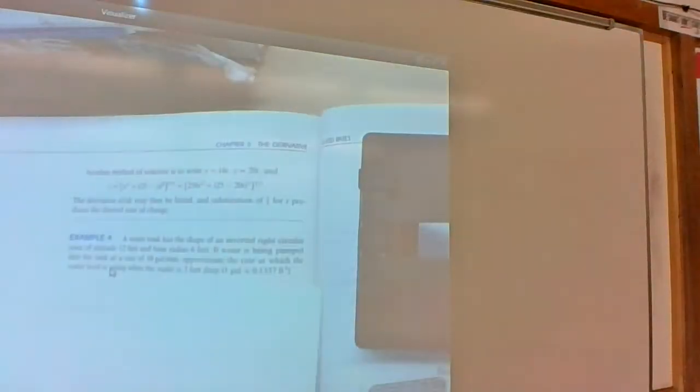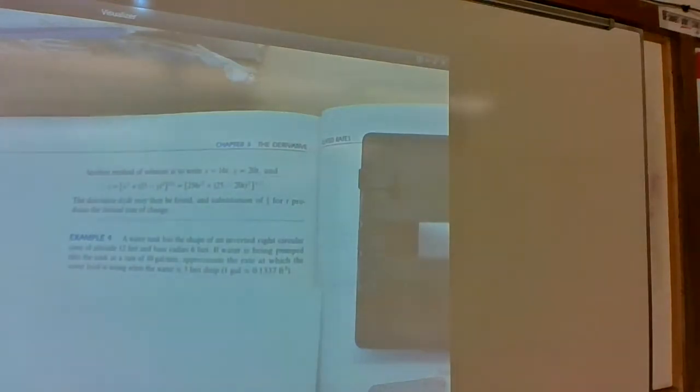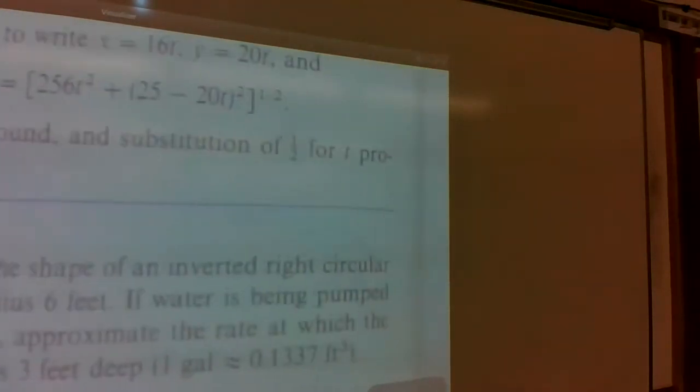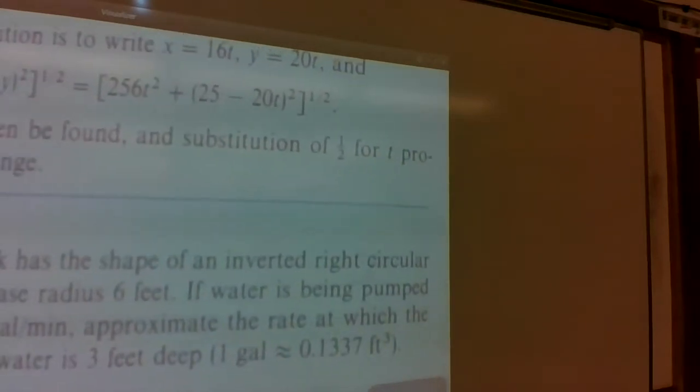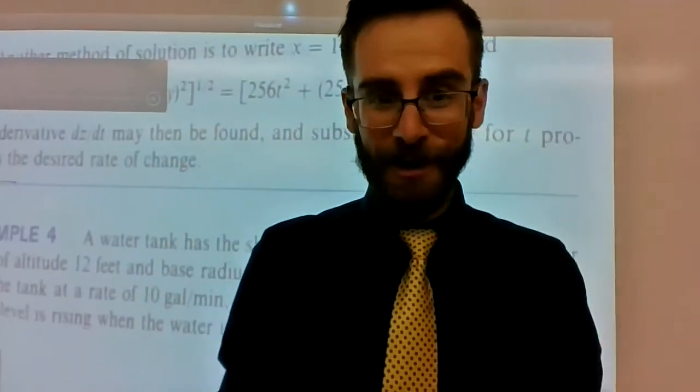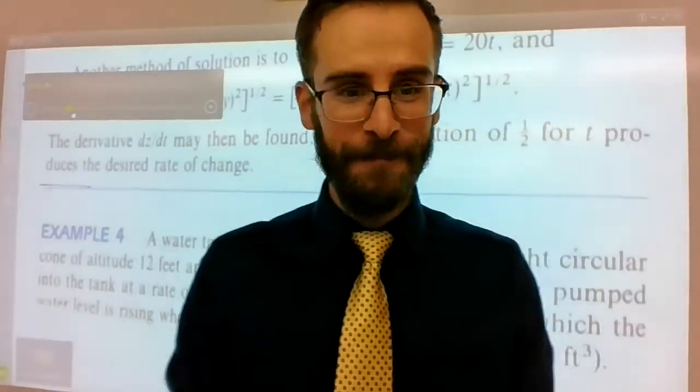I can try to zoom this thing in. All right, that was pretty successful. All right, it's really zoomed in now.